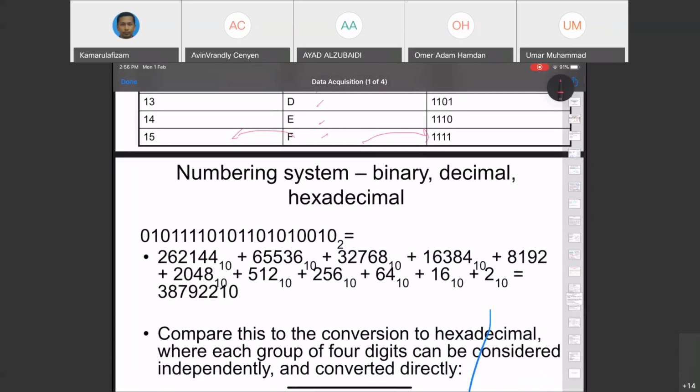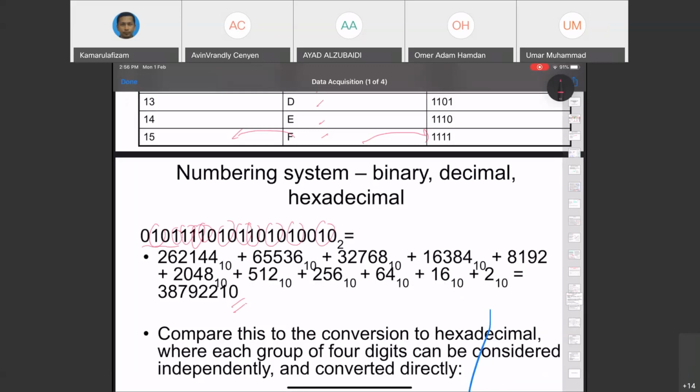I'm not going into the detail of this, because you basically have to know how to convert from binary to decimal. You just select the digits with 1 here, then see the location and the position of the bits.